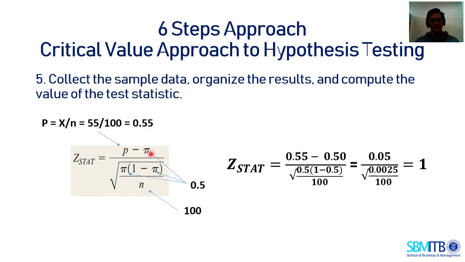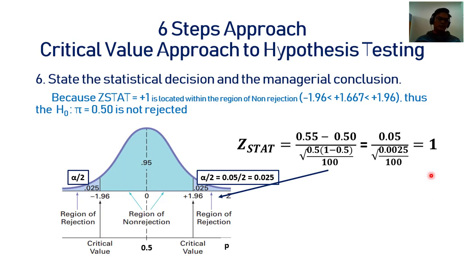And then by entering the value of p of 0.55 and the value of the hypothesized population's proportion of 0.5, we come to the result of z statistics equals to 1. And then we go to the final step. We state the statistical decision.